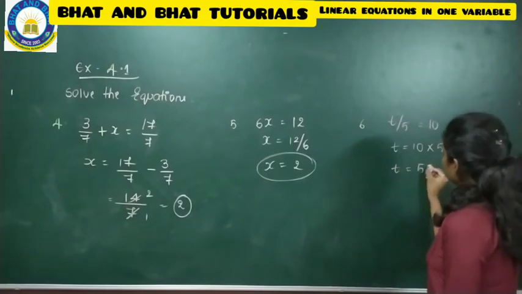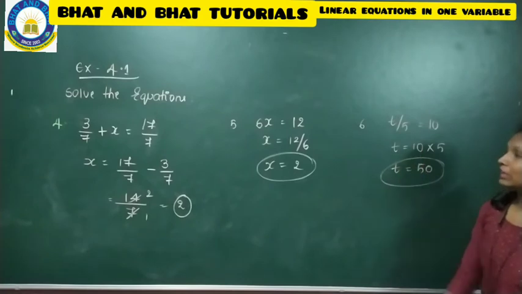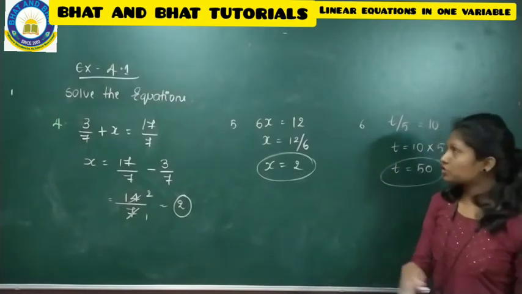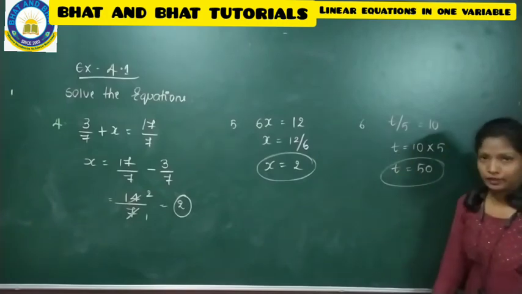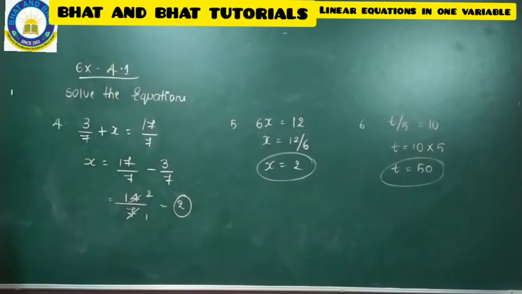T is equal to 50. There are different types of problems. So when they give it on the left hand side directly in a division part, you have to multiply it. Okay. So now you can just copy down these three problems. Copy down. Okay, hope you have copied this.